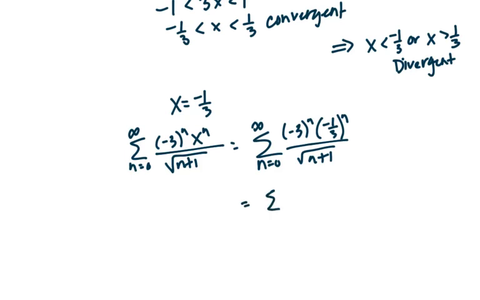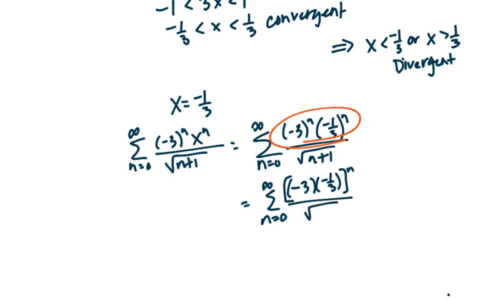These two multiply, they both have an n power. So we could say negative 3 times negative 1/3, all to the n power, over the square root of n plus 1, which is the series from n equals 0 to infinity of positive 1 to the n, which is 1, over the square root of n plus 1.